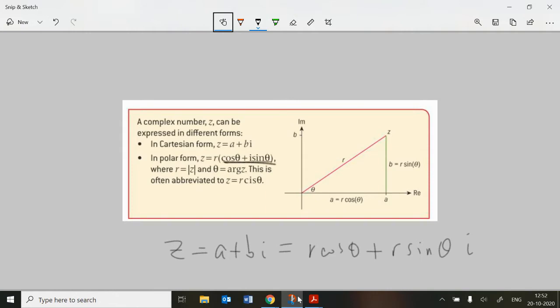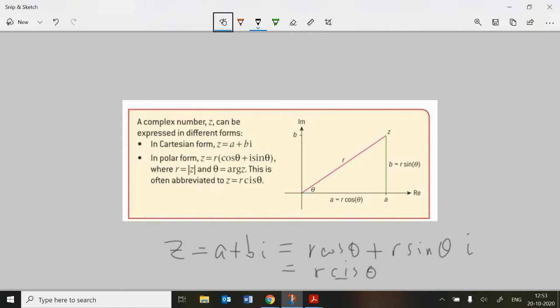Okay, now that can be factorized in this version here, and from this factorization, the cos theta plus i sine theta, because we write it so often, you can just write that as r cis theta there. So this is just an abbreviation here, where we're really saying we've got cos theta plus i sine theta. So they've just taken the i to the front there. Okay, so that's where this comes from.